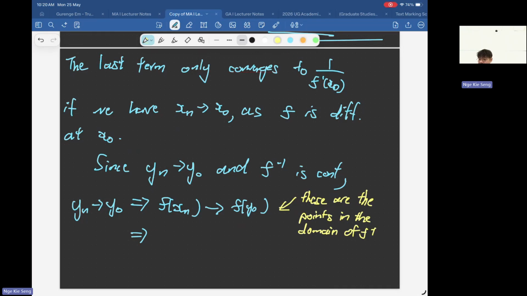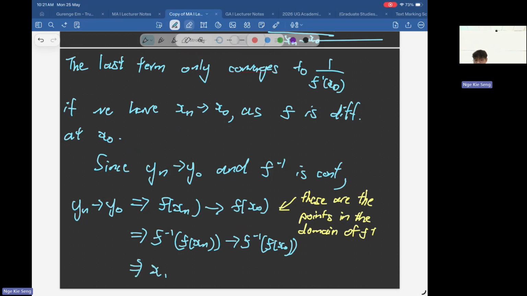Because f inverse is continuous, and a continuous function preserves convergence, f inverse of f(xn) also converges to f inverse of f(x0), sorry, x naught. Then f inverse of f is just the identity. So this will imply that xn will converge to x0, which is very nice.